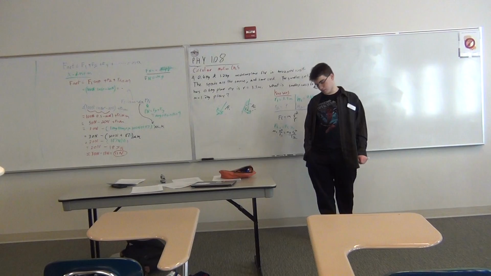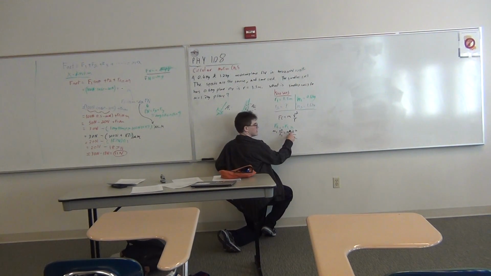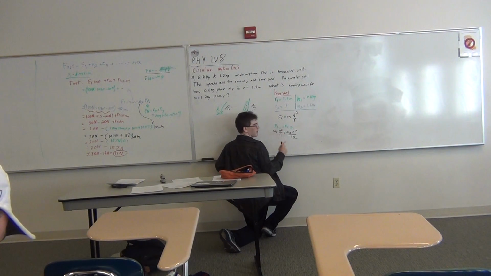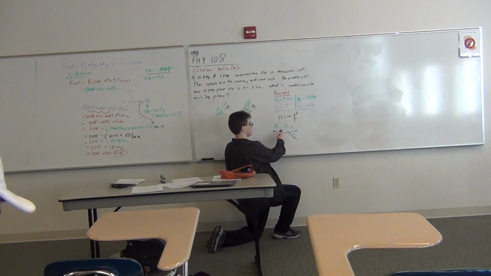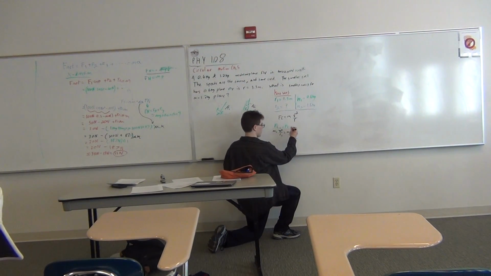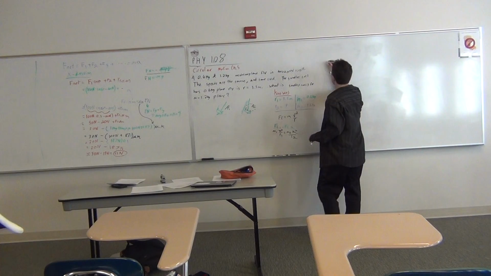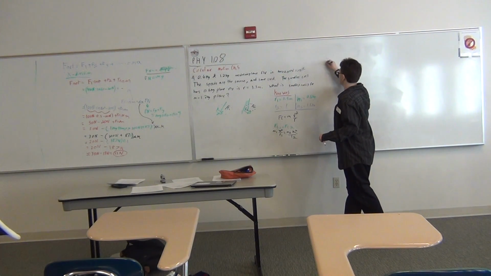The same. These don't need subscripts. And what does algebra tell you you can do if you have the same thing on both sides? Cancel. And now this is a much more friendly equation.